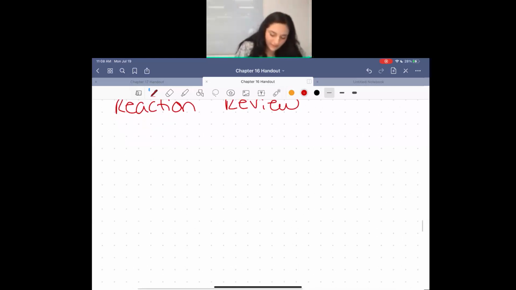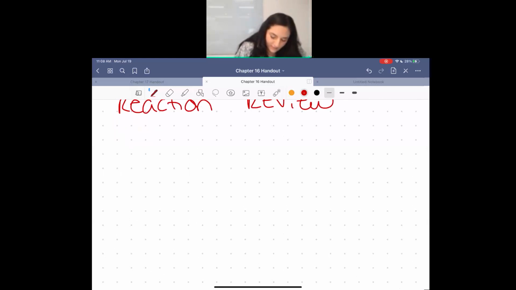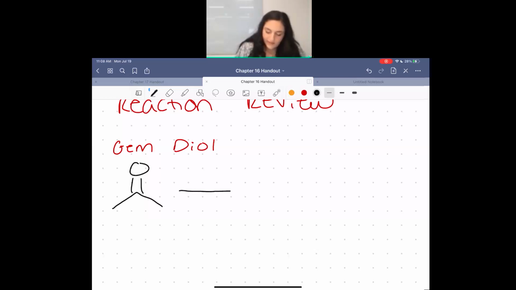So the first reaction we did was the gem diol. And the gem diol was using a ketone or an aldehyde. And what were the reagents for the gem diol reaction? Water, awesome.